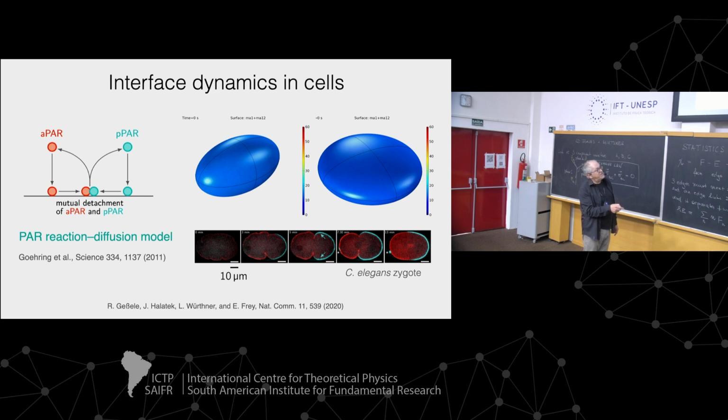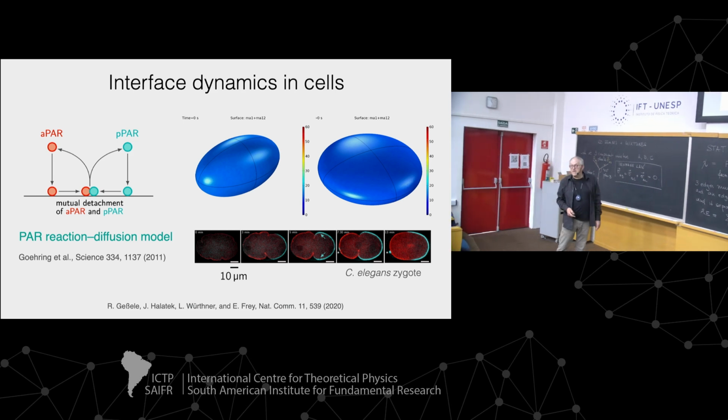That's a time sequence out of a movie. What you see is that there are two different proteins labeled in blue and red, and over time, it nicely defines the left half and the right half of the cell. This protein patterning system based on the PAR proteins is important for defining cell polarity.